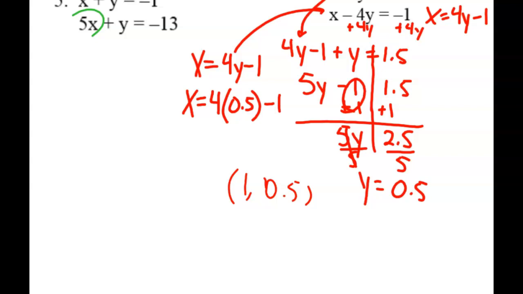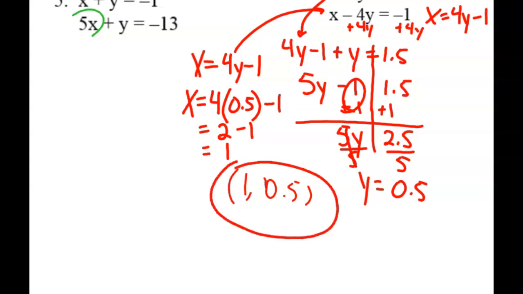What's 4 times 0.5? What's 2 minus 1? 1. Then I get the same answer. Yeah. So it doesn't matter which equation you solve. It just matters that you solve the correct equation, or solve it correctly.